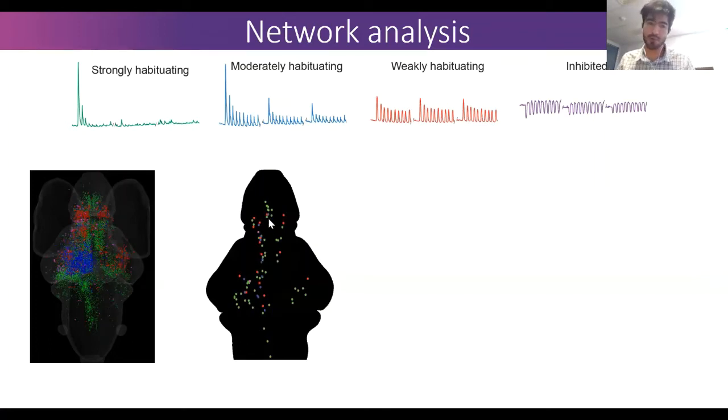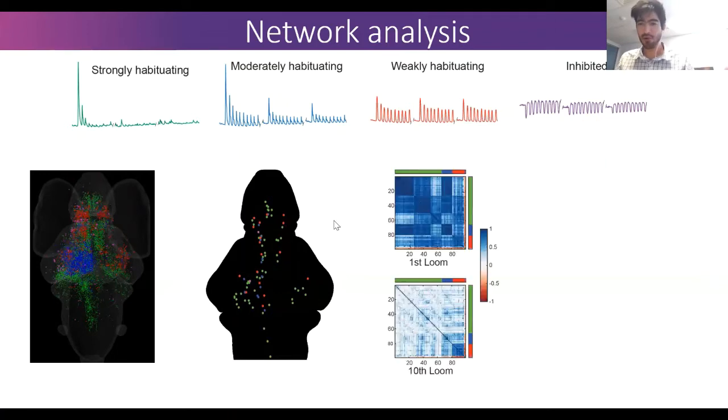And these nodes would recruit the ROIs that were in their vicinity, so close by, and also depending on the type of response they belong to. And then we could do cross-correlation at each of the stimulus presentations, so let's say at each of these spikes that we see, and compare the level of correlation between all the nodes at different time points.